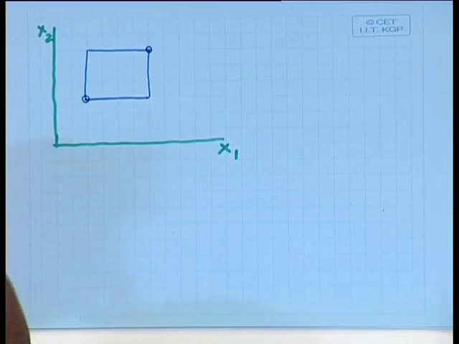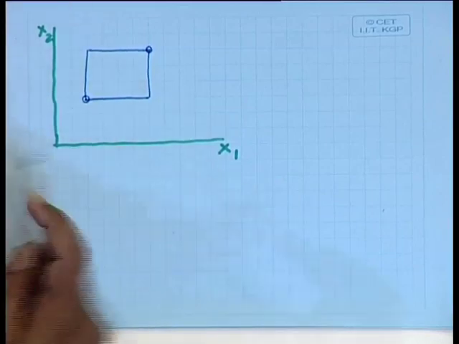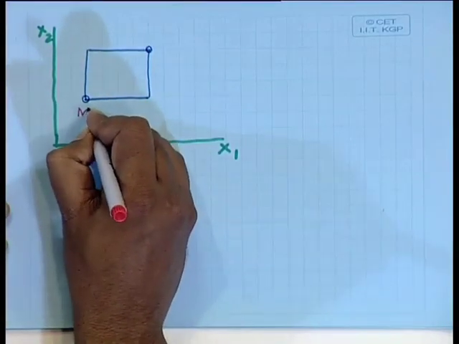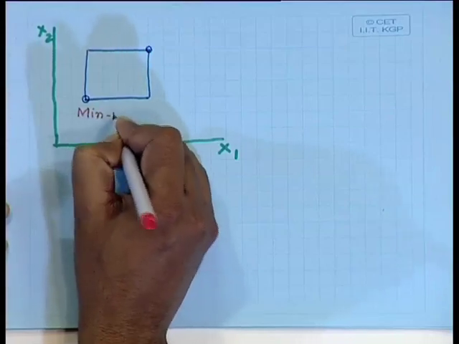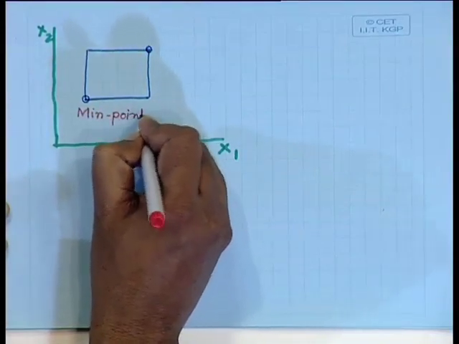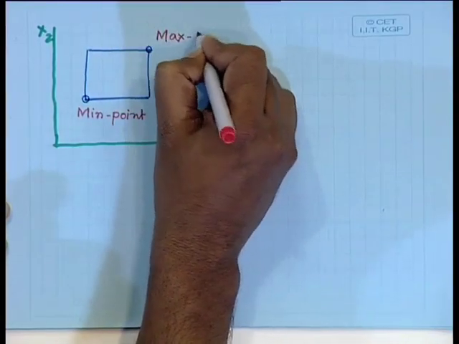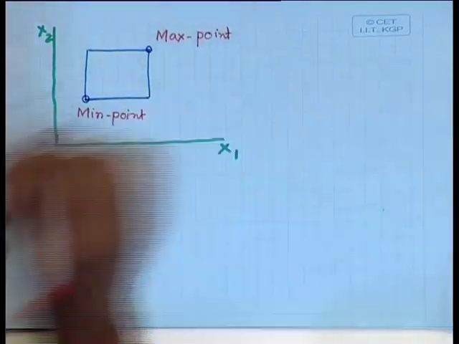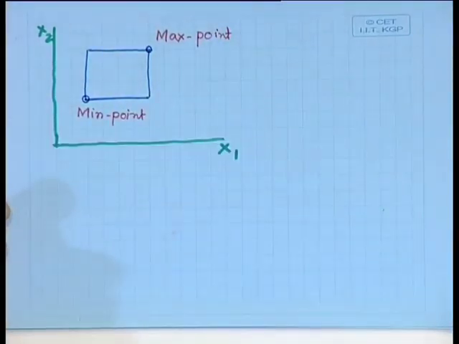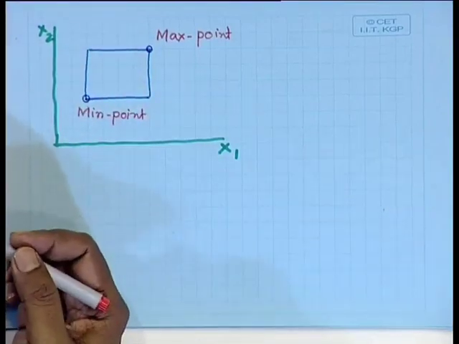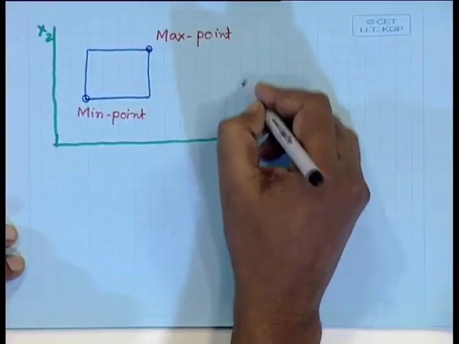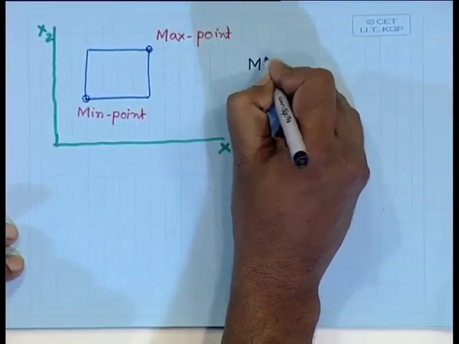Okay. So, accordingly, this point is called a min point, and this point is called a max point. Okay. So, once I define this rectangle or the hyperbox using this min point and max point, such hyperboxes are called min max hyperboxes.